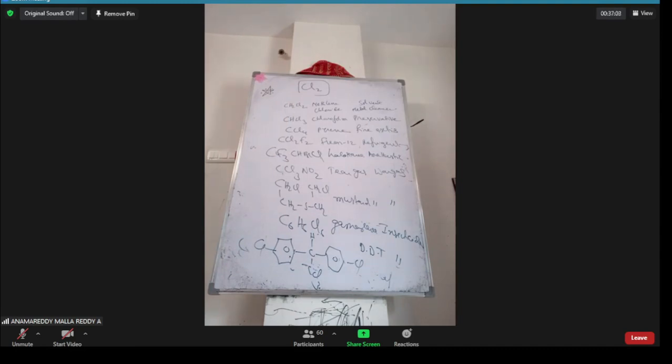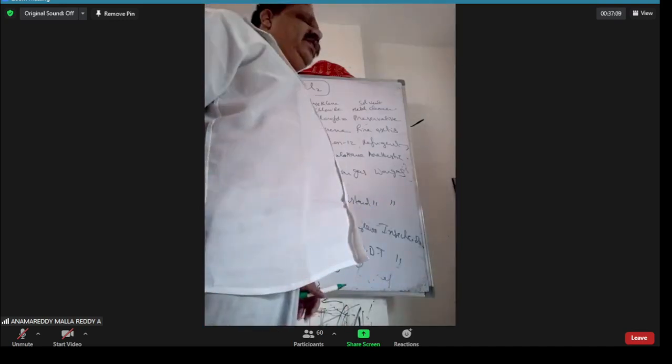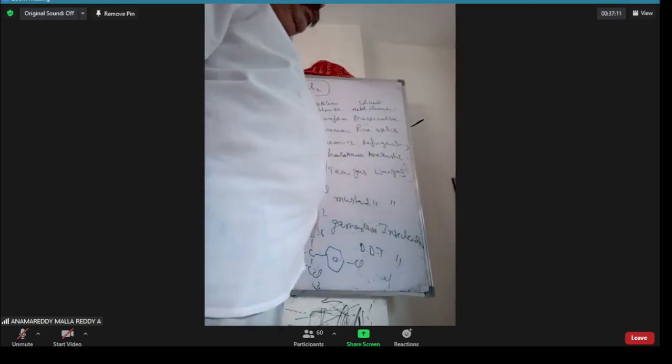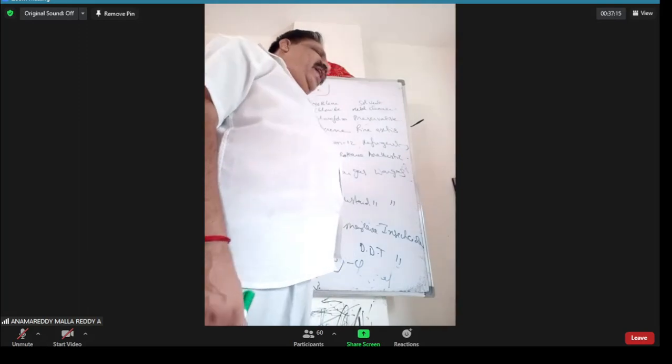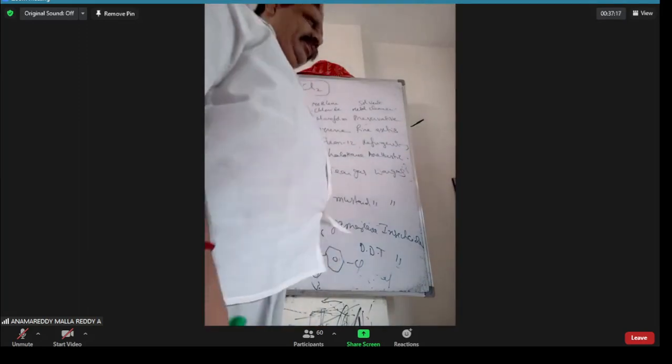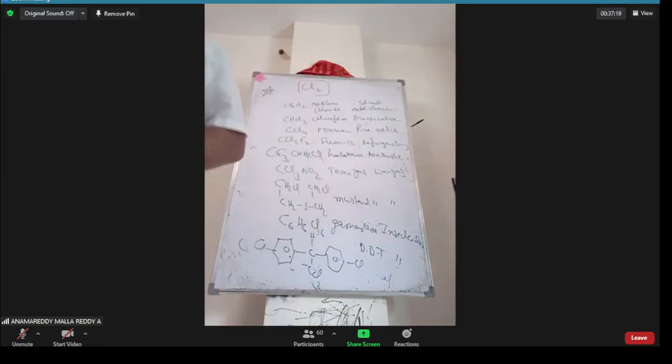Now, if you go to malls and cinema halls, they will hang some red cylinders. Have you seen them? Yes, sir. That is carbon tetrachloride, the fire extinguisher. Understood? Yes, sir.